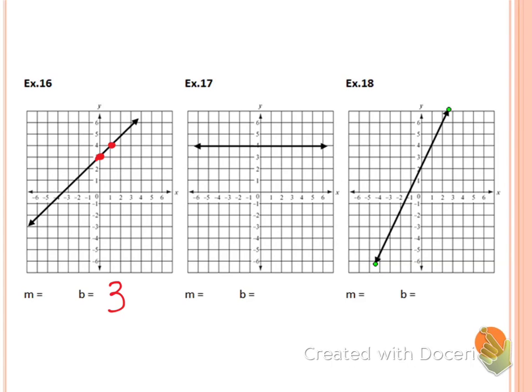So we have to identify our rise and our run. Jamal Dixon, what's our rise and our run? 1 and 1. So our slope is a positive 1 over 1. If you just wrote it as 1, that's fine. Same thing.